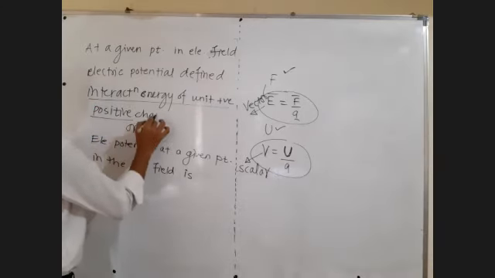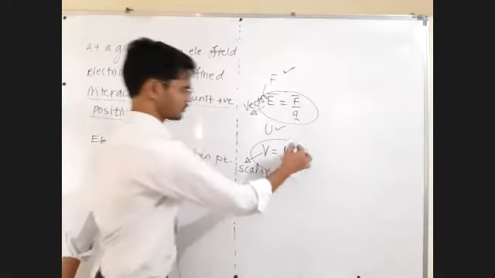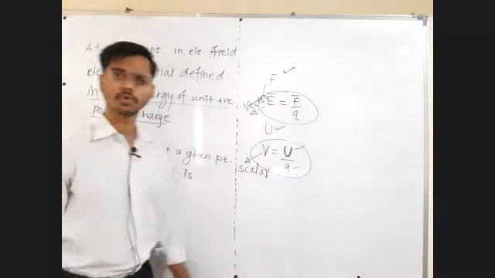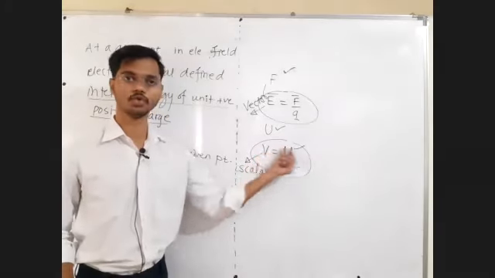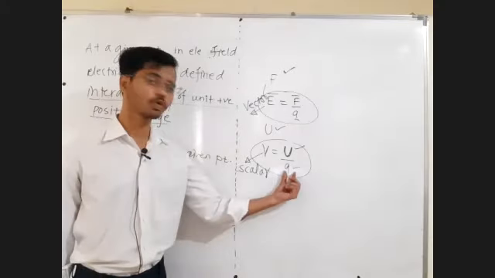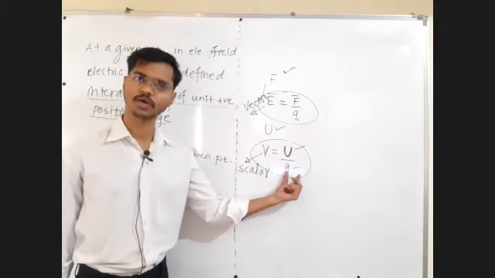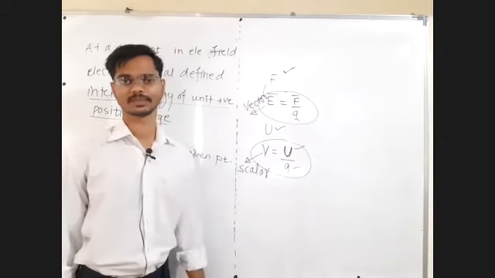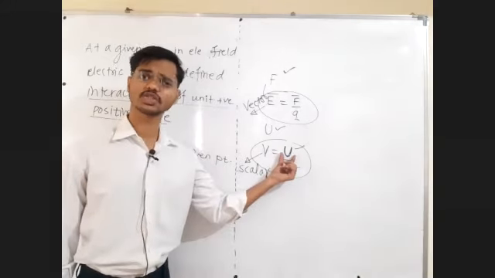It is U upon Q. If you have charge equal to 1 coulomb, no problem. U will be equal to V numerically. But if you do not have 1 coulomb, if you have 5 coulomb, then take the interaction energy of 5 coulomb divided by 5 coulomb. So that you will get the interaction energy of 1 coulomb. If you have 5 coulomb charge, take 5 coulomb and find out the interaction energy of the 5 coulomb charge.